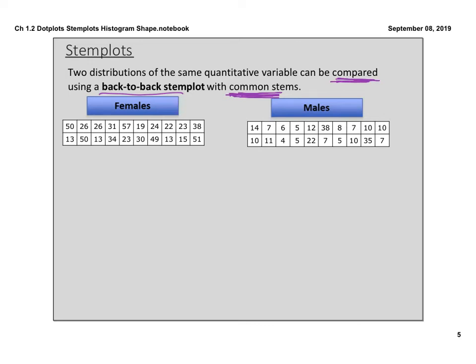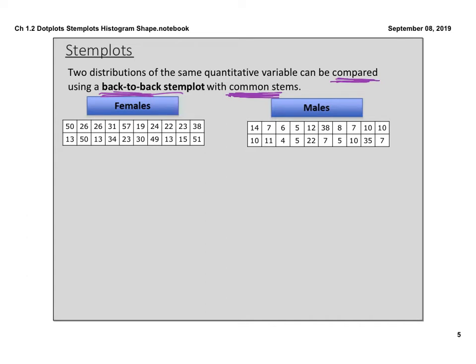And I talked about how the axes, the x-axis on those two dot plots had to be the same. You had to count by the same intervals and they had to start at the same point and end at the same point. The same is true in stem plots. If you're going to compare stem plots and you're going to make one back-to-back stem plot, you have to have common stems. Okay. So what they did is they separated out this data.